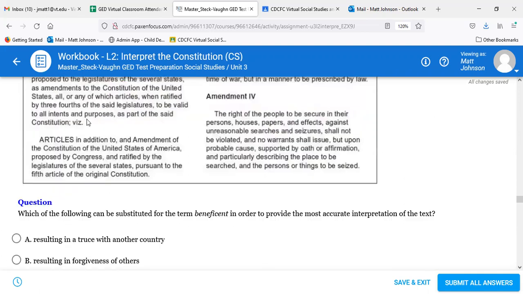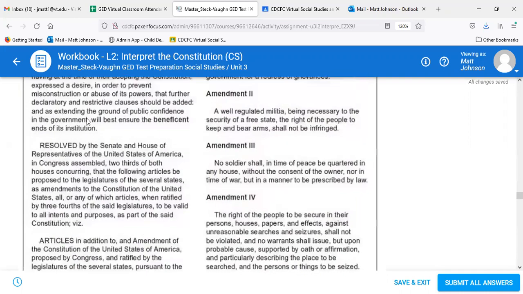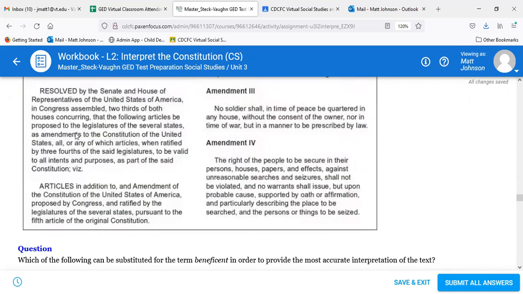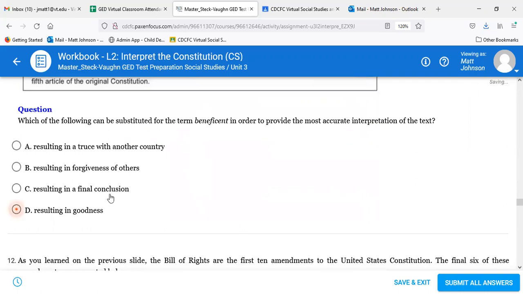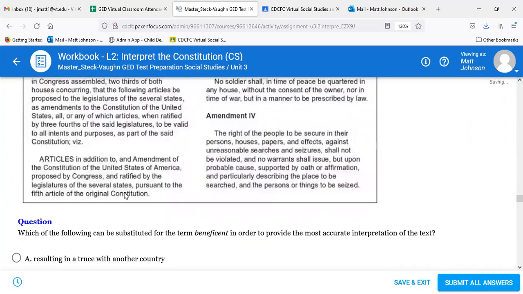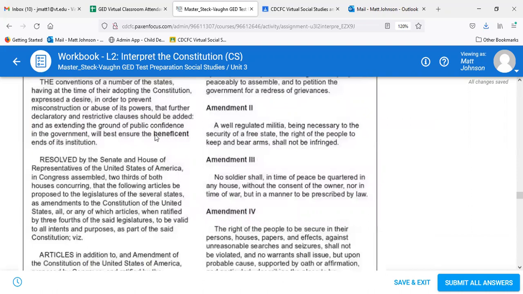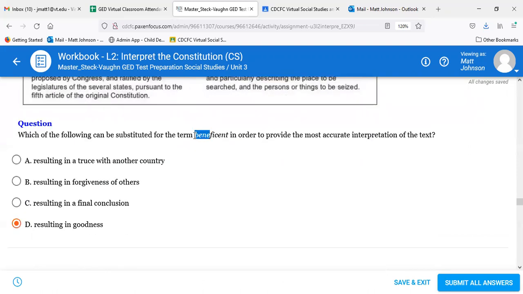Or D, resulting in goodness. Resulting in goodness. Yeah, there you go. D as in dog, resulting in goodness. Anytime you see bene, B-E-N-E, that root word, that's Latin for good or well.